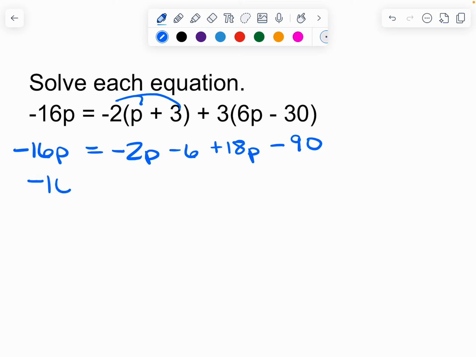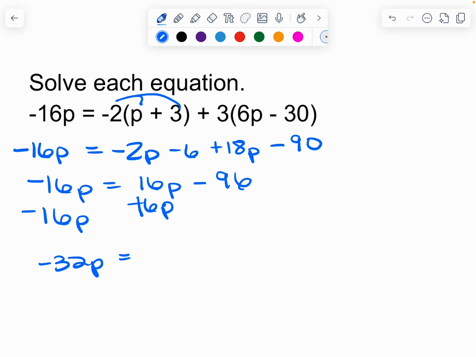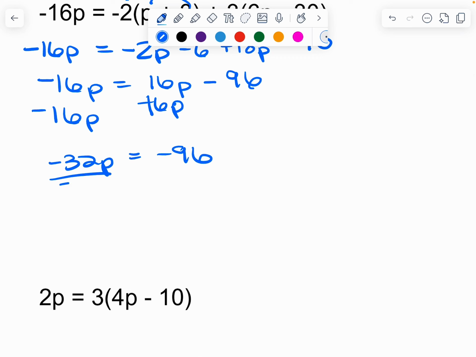So I get negative 16p equals 16p minus, is that 96? So I subtract 16p, get negative 32p equals negative 96. Divide by negative 32. P is going to equal 3.